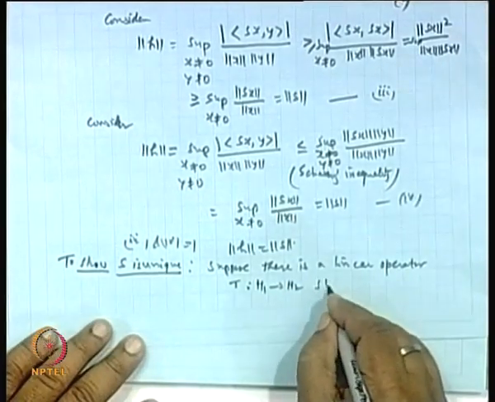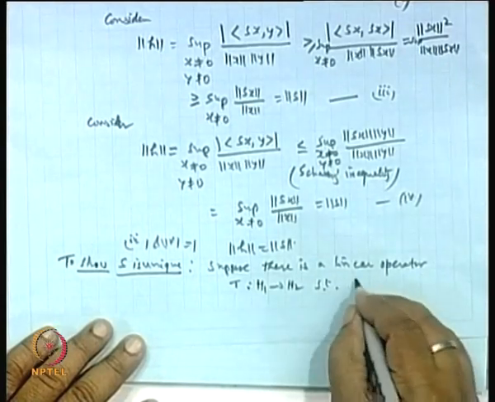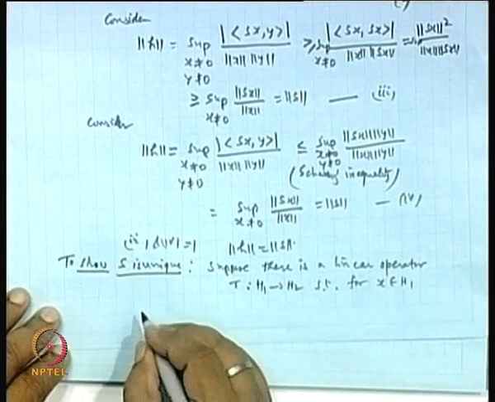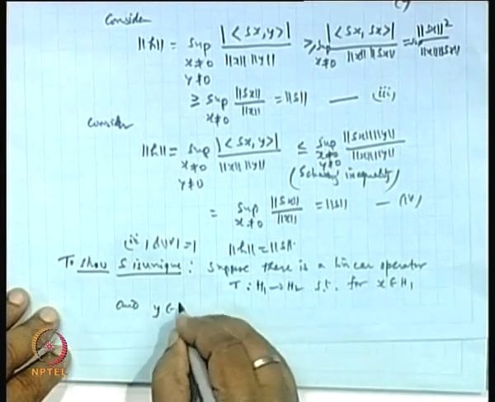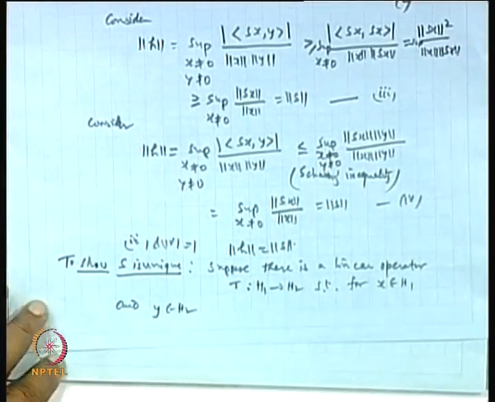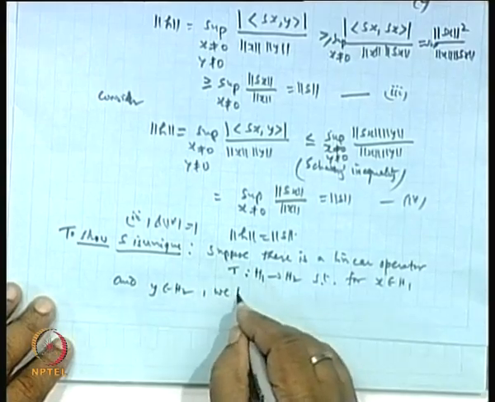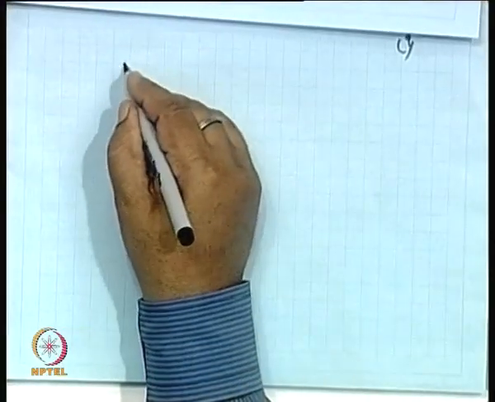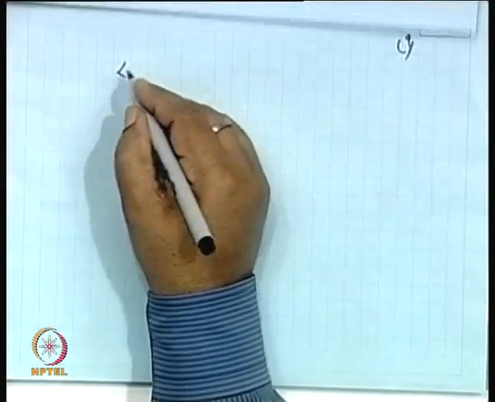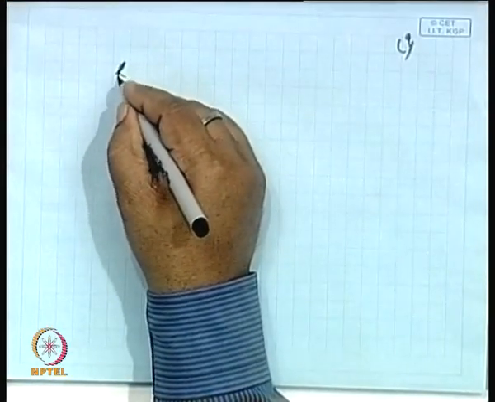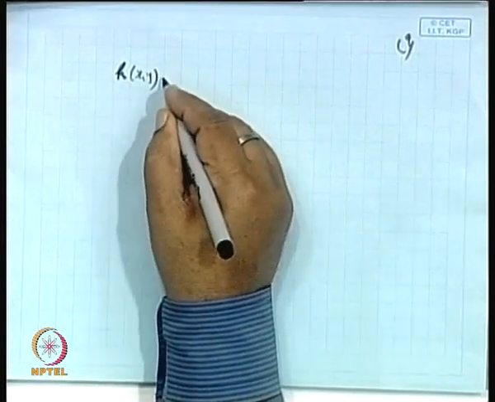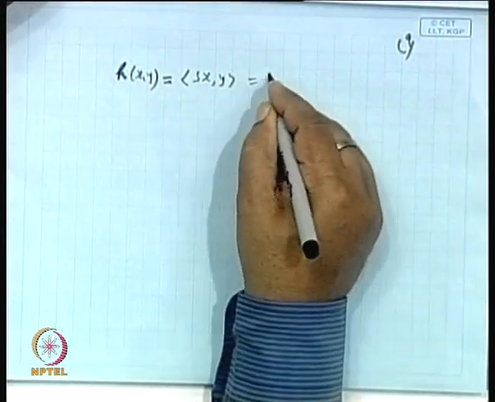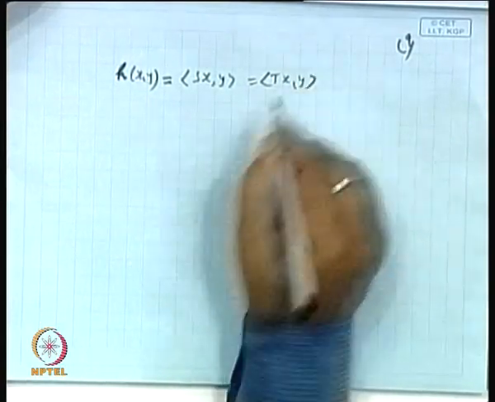such that for all x belonging to H1 and y belonging to H2, we have the representation h(x, y) as the inner product ⟨Sx, y⟩ as well as the inner product ⟨Tx, y⟩.